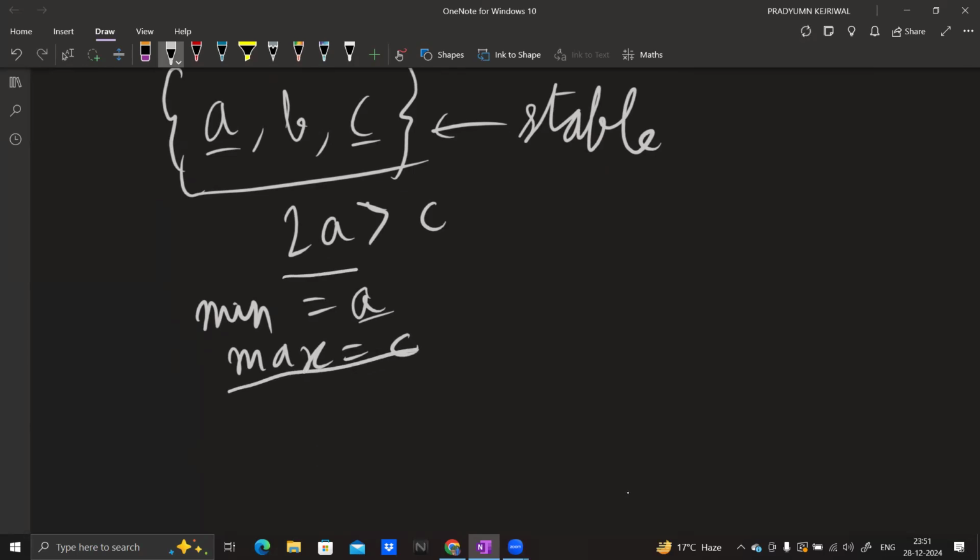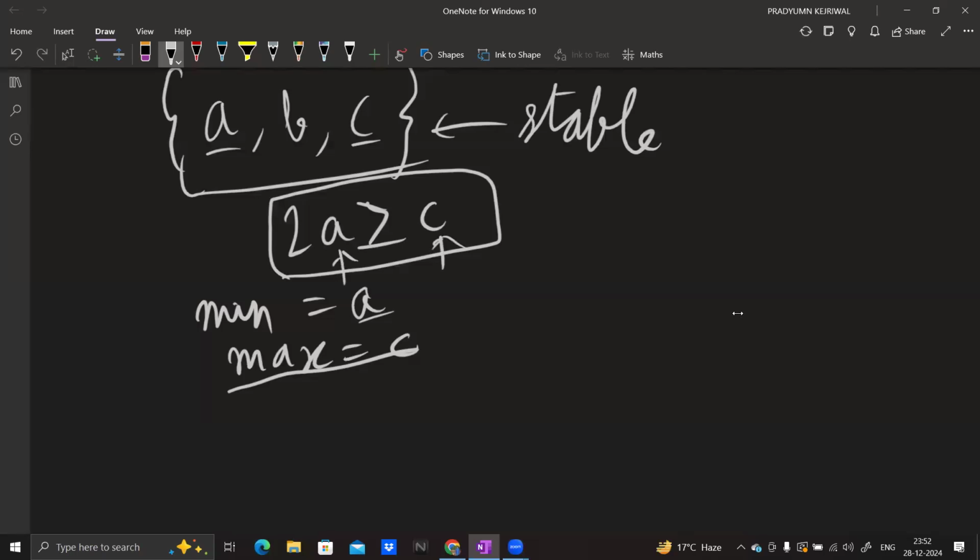So if 2A greater than C is satisfied, and we take a subset of this, then A would increase or C would decrease. So they are favorable conditions. In that case, this will still satisfy because A is increasing. Yeah, okay, got it.